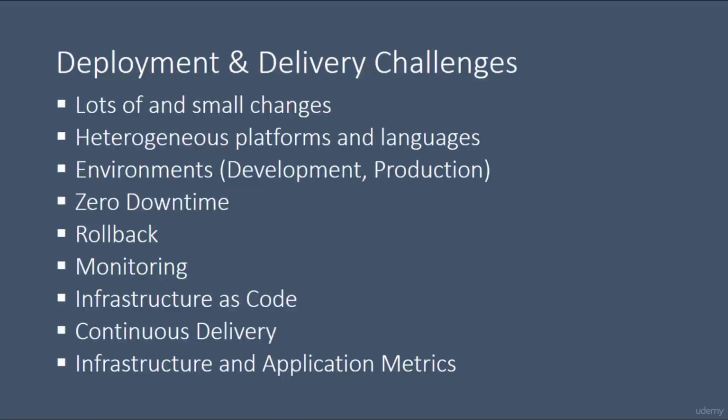You want zero downtime, rollback capabilities, monitoring, infrastructure as code, and continuous delivery. Infrastructure and application metrics are also required from your apps. So these are some of the challenges that we face in today's global world where things are heterogeneous. You don't have developers sitting in just one room doing everything right in front of your eyes.